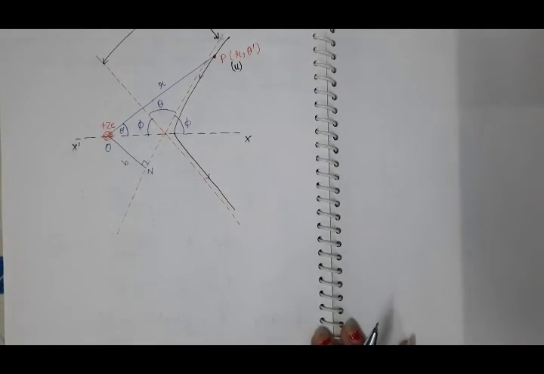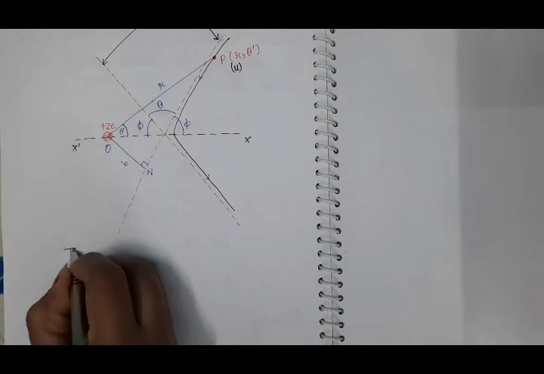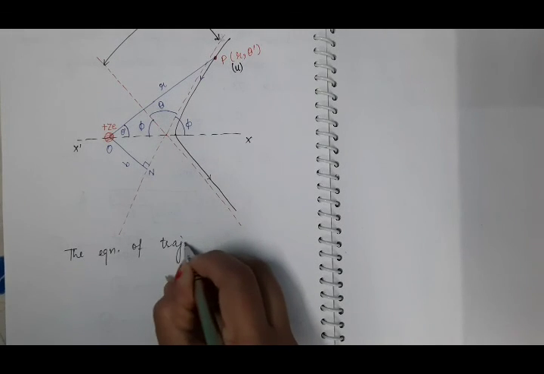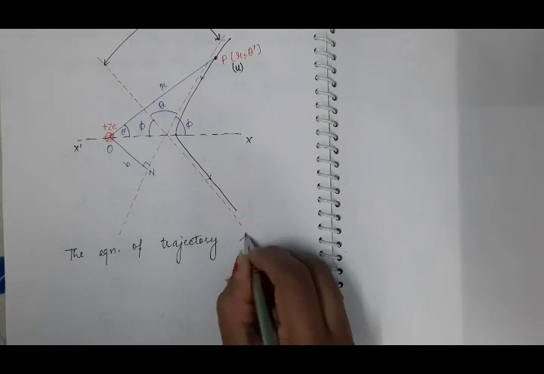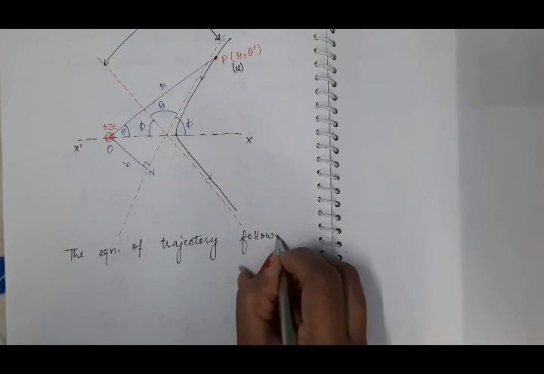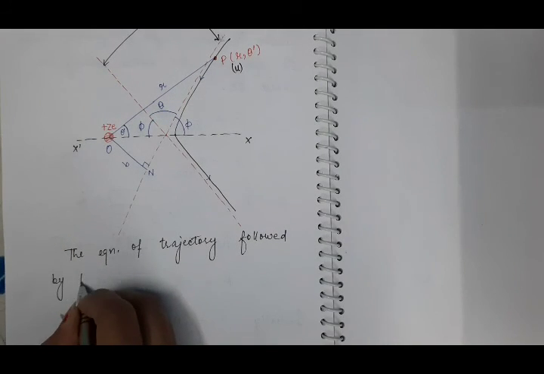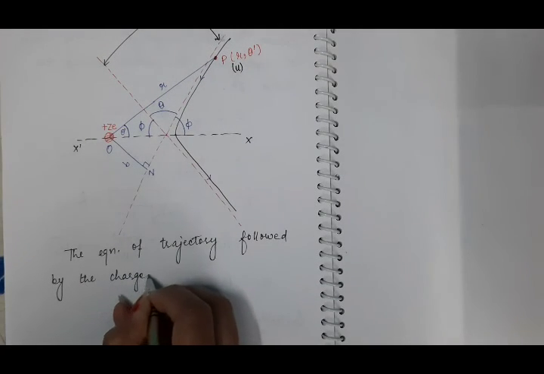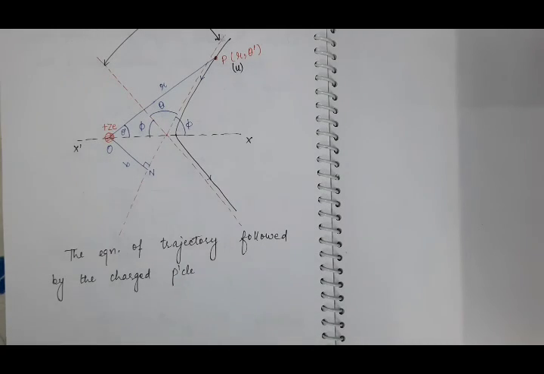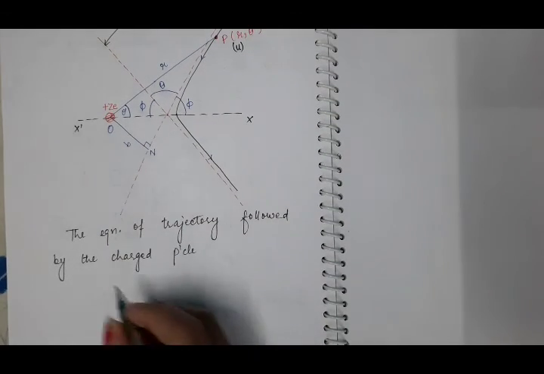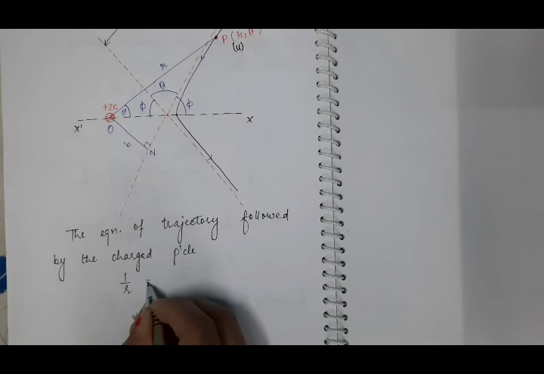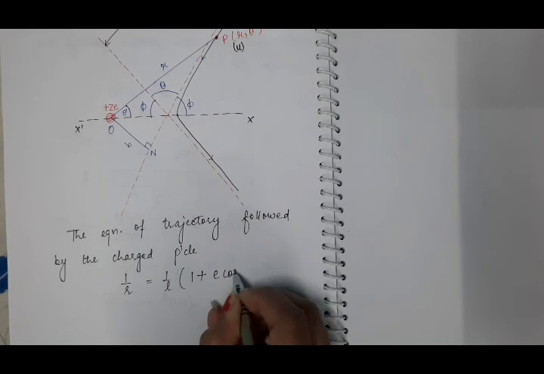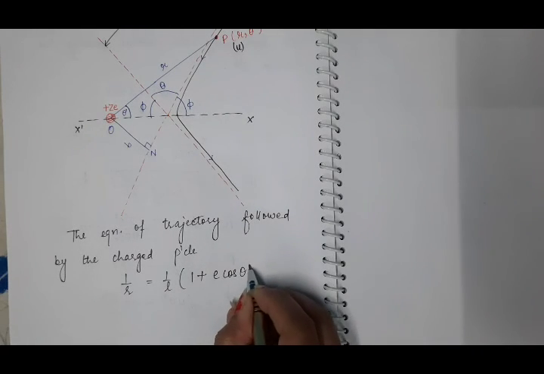So the equation of trajectory followed by the charged particle is 1 by r equals 1 by L, 1 plus e cos theta dash.